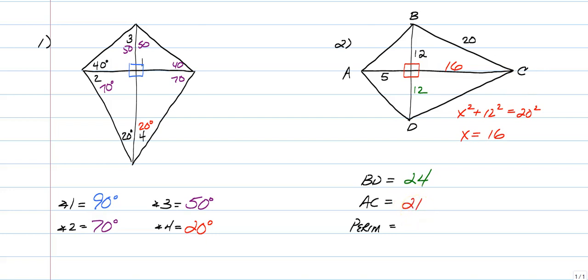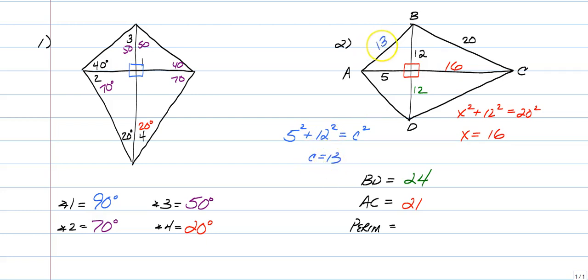The last part is the fact that we are looking for AB because that'll be able to determine our perimeter. Same thing, Pythagorean theorem. To do this, now we're looking for the hypotenuse. That would be 5 squared plus 12 squared is equal to c squared. And that's going to end up giving us c is equal to 13.